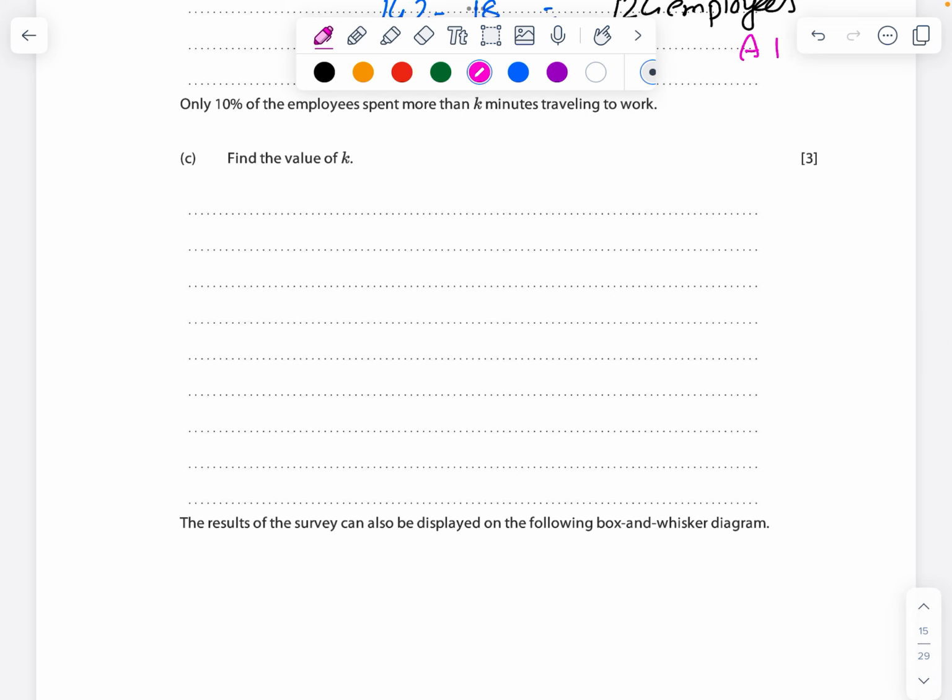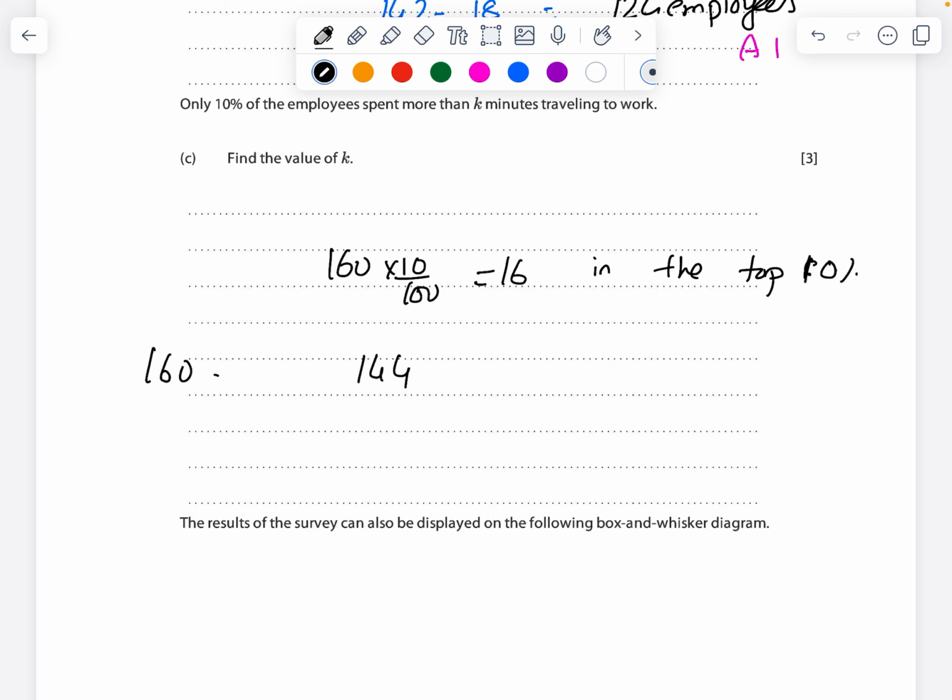Only 10% of the employees spend more than k minutes traveling to work. Find k. So what am I going to do? 160 times 10%, which is going to be 16 in the top 10%. So 144 remaining, 160 minus 16, 144 employees traveled less, and 16 more than k minutes.